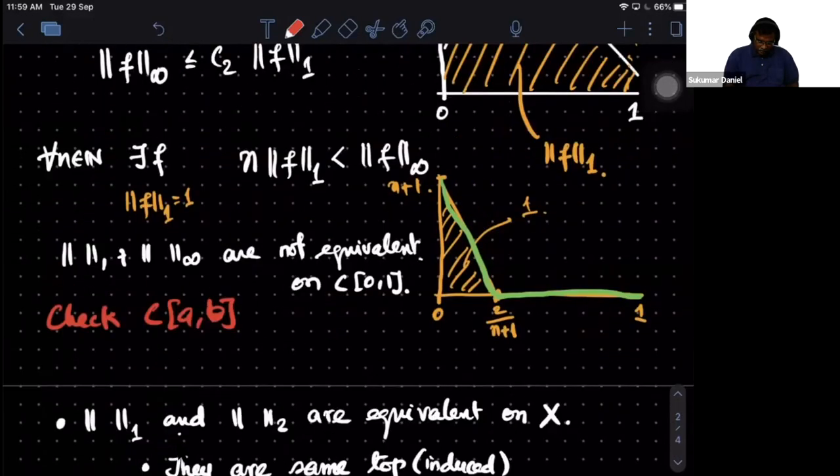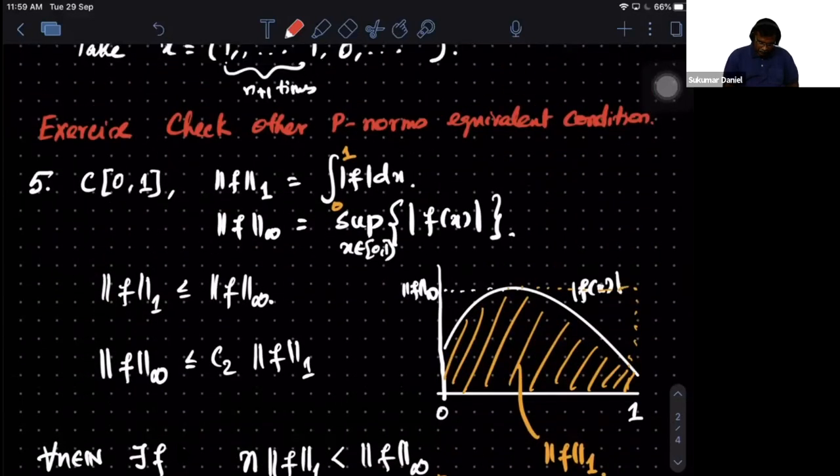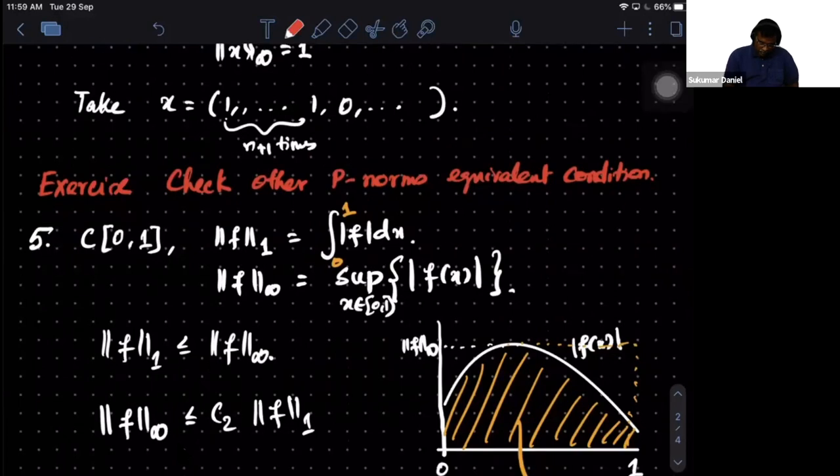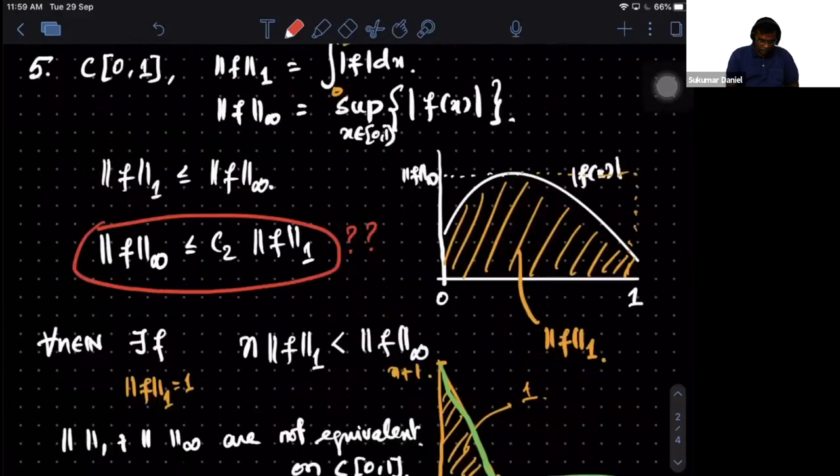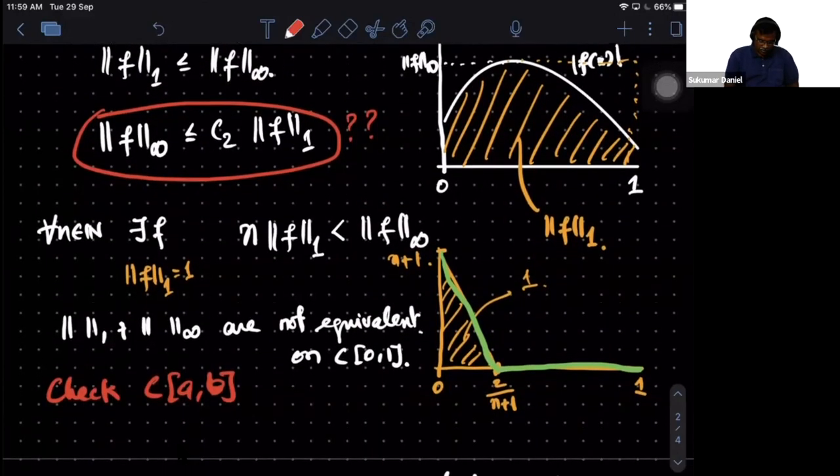In the case of C of [0,1], we have said that norm f 1 is less than or equal to norm f infinity. So I'm asking the question, what is this in terms of convergence?